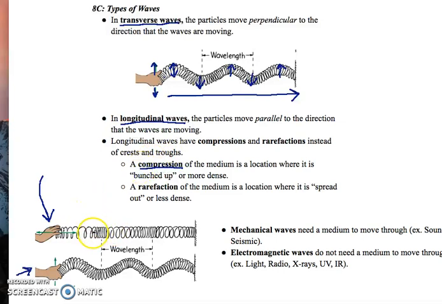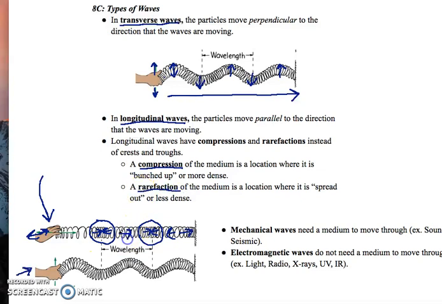If you were to push the slinky back and forth like this, you'd get areas that are bunched up. The slinky's bunched up right here, right here. So this would be a compression, this would be a compression. And then you have rarefactions, where it's less dense, where it's kind of split up. So right here, rarefaction.